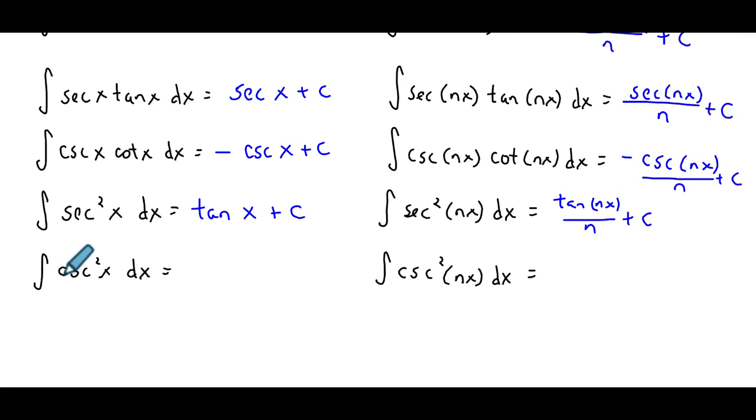And so the integral of cosecant squared x dx is equal to negative cotangent x plus c. And the integral of cosecant squared of nx dx is equal to negative cotangent of nx divided by n plus c.